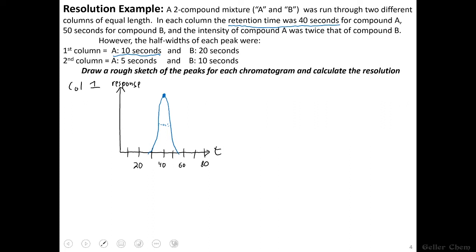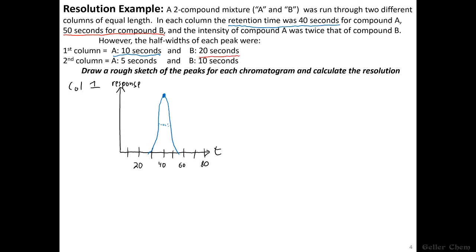Not bad. We can see that the span at half the peak's height is roughly 10 seconds, 5 in each direction. Now I'll go through the same procedure for compound B, whose retention time is 50 seconds, and whose half width is 20 seconds.